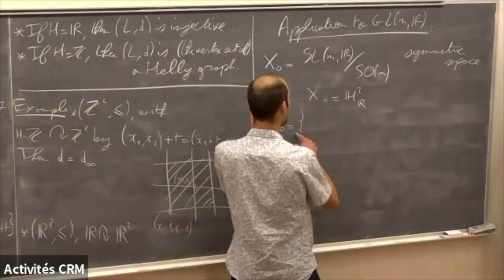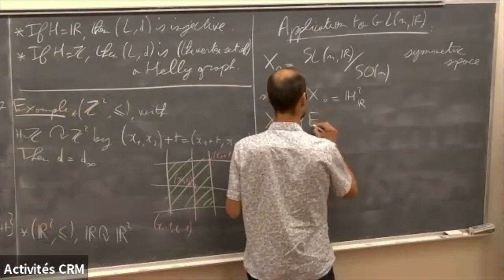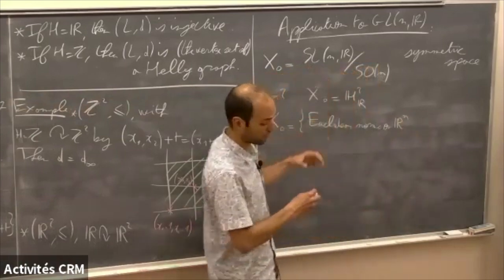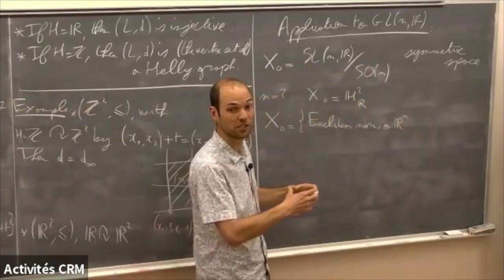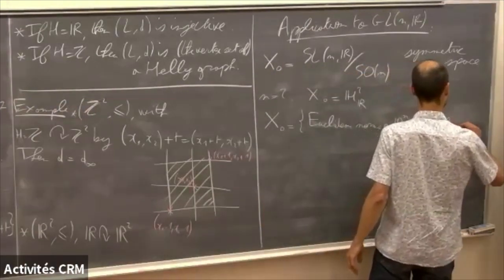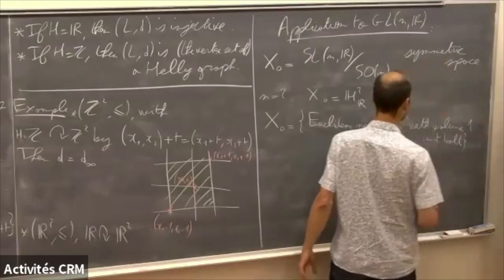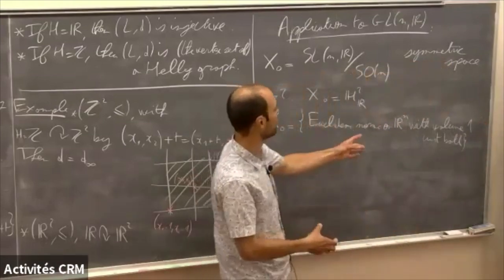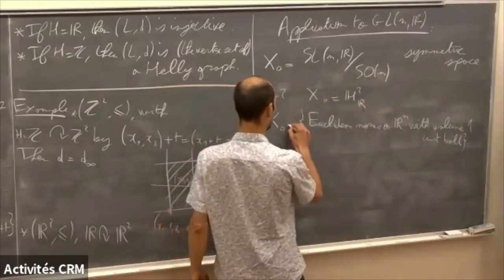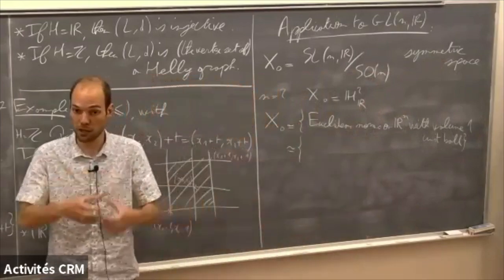So X0 will also be the set of all Euclidean norms on Rn, but you need the unit ball to have volume 1. Why is that? Because you can act on the standard ball, and the stabilizer of the standard ball is SO(n).